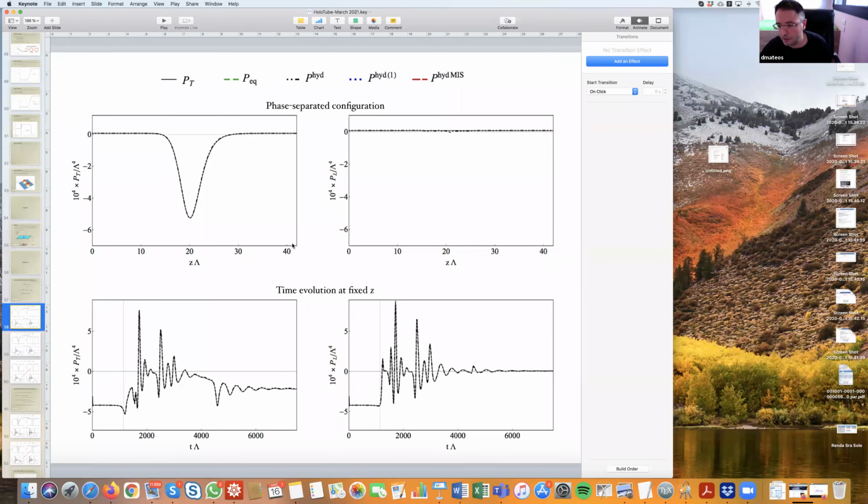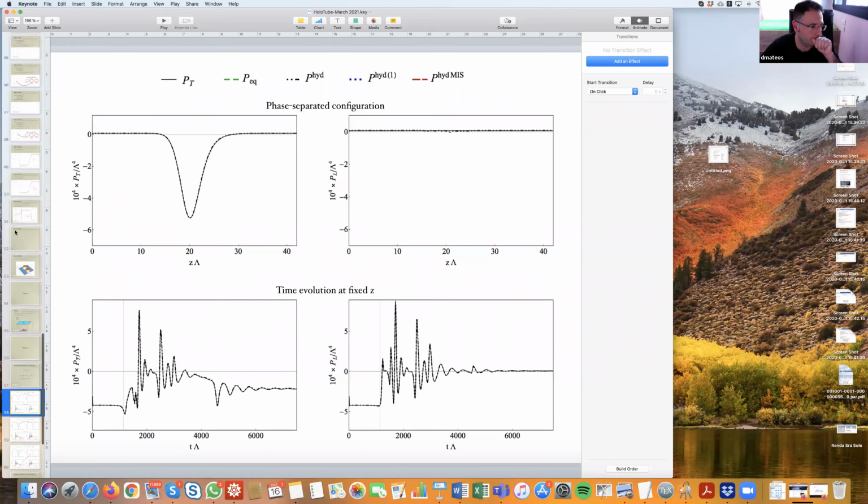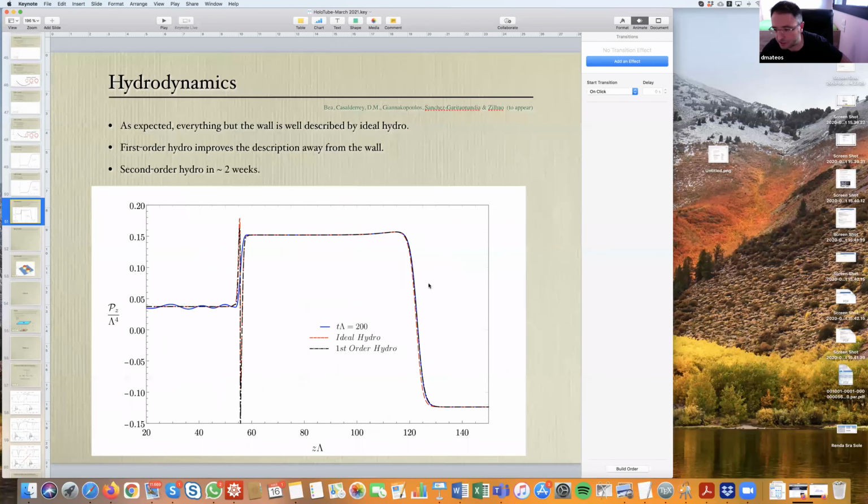In this theory we computed them so we could check that in fact they give a very good description. But for this other theory that I was discussing when I was talking about bubbles, we're in the process of finishing the calculation. So that's why I can't tell you whether second order hydro will work, but I think it will.